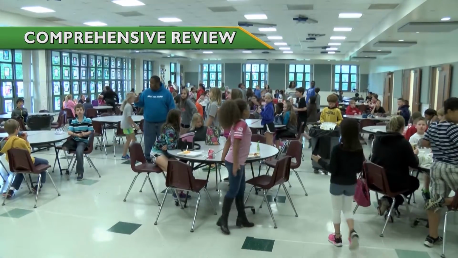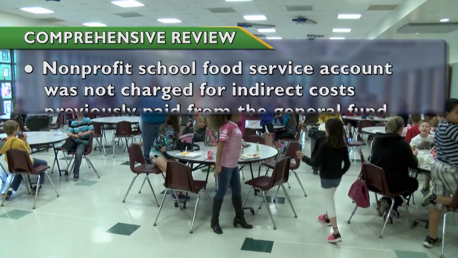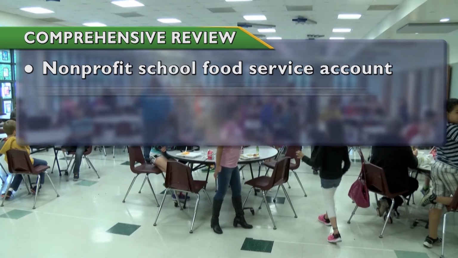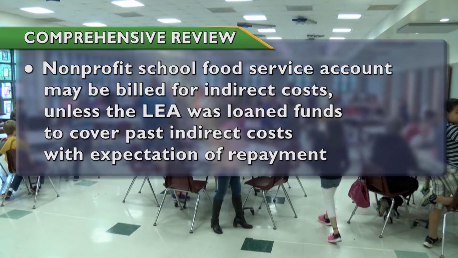The state agency will confirm the nonprofit school food service account was not charged for indirect costs that were previously paid from the general fund. It is allowable to bill the school food service account for indirect costs unless an agreement exists to show that the LEA has been loaned the nonprofit school food service account funds to cover the indirect costs in one or more prior years with the expectation of repayment.